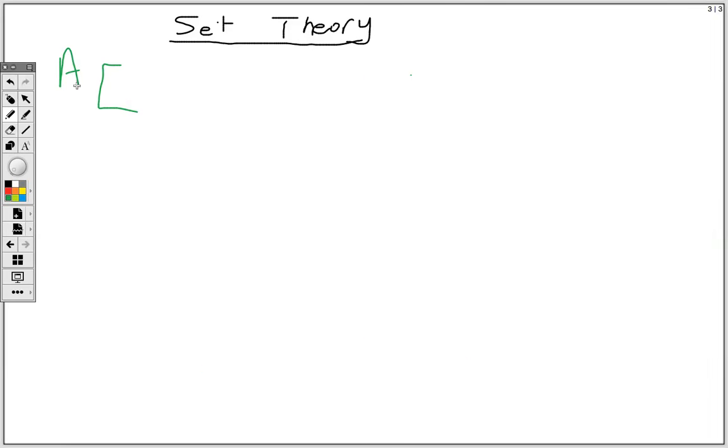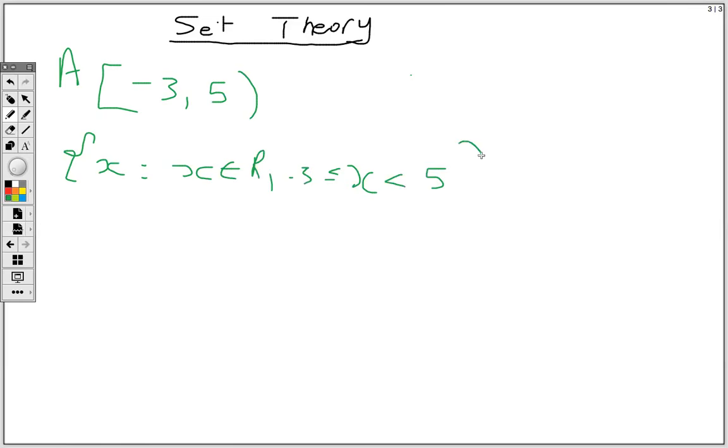Suppose we have a being -3 and 5. If I need to have this as set builder notation, I'll have x such that x is an element of the real numbers. So x is greater than or equal to -3, but less than 5.